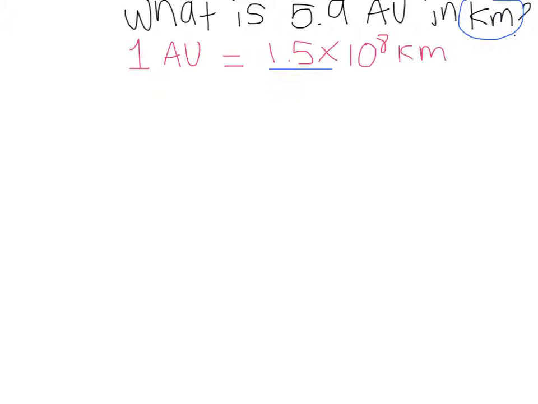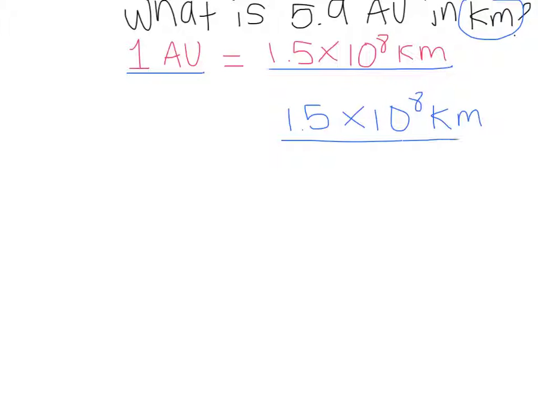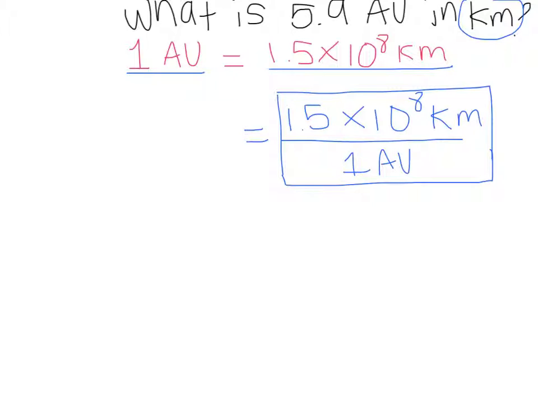So I'm going to write kilometers at the top, and astronomical units at the bottom. Now we have to remember to write the other astronomical units at the bottom over here. And we know that's 5.9, so we're going to write down 5.9. Then at the top becomes question marks in kilometers.